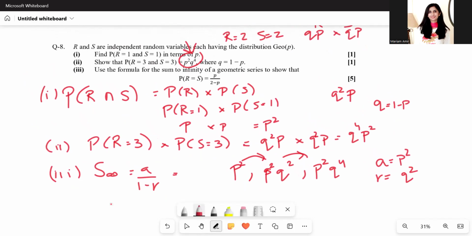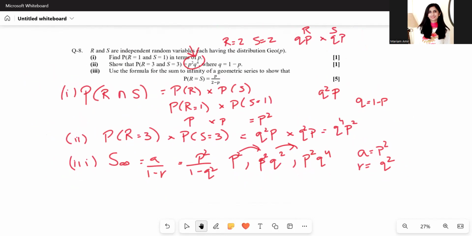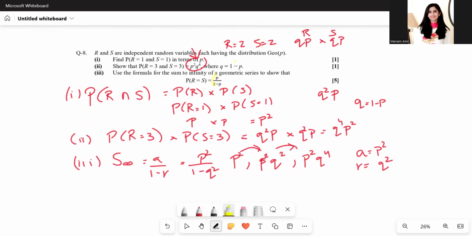So we're going to write P squared over 1 minus Q squared. And Q was actually 1 minus P. Here there's no Q, so we must change Q into P. So P squared upon 1 minus (1 minus P) whole squared. Okay, now I'm going to expand the denominator using the identity a squared minus 2ab plus b squared.